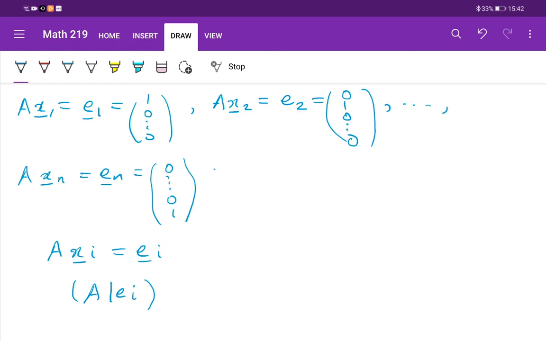By elementary row operations, we can convert this into the identity, and on the right hand side we're going to have precisely A inverse Ei.